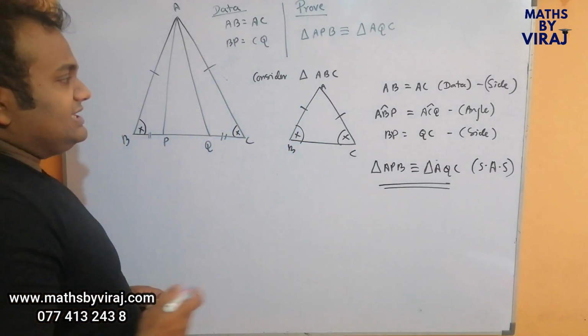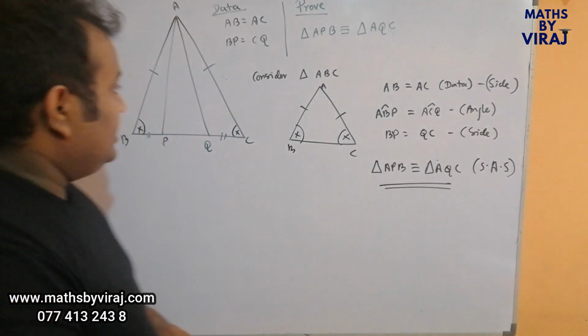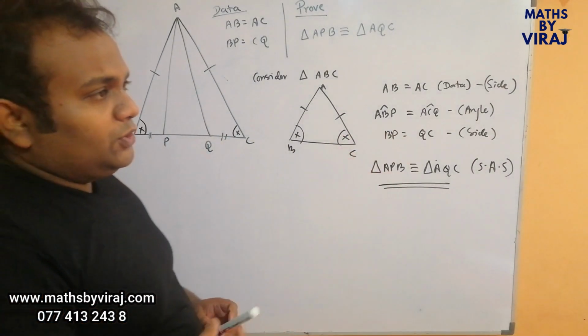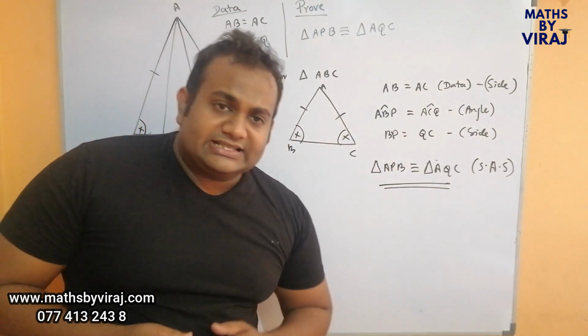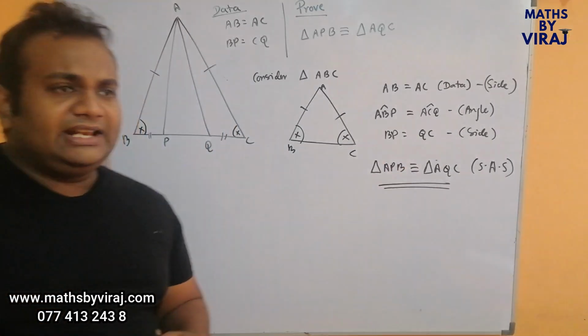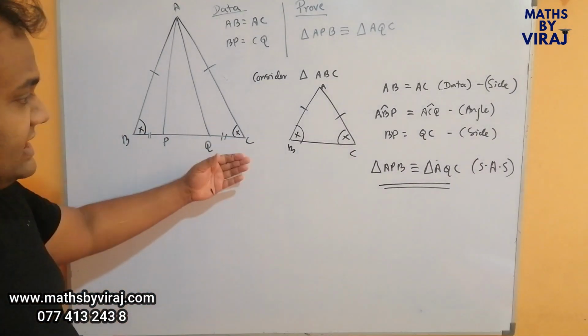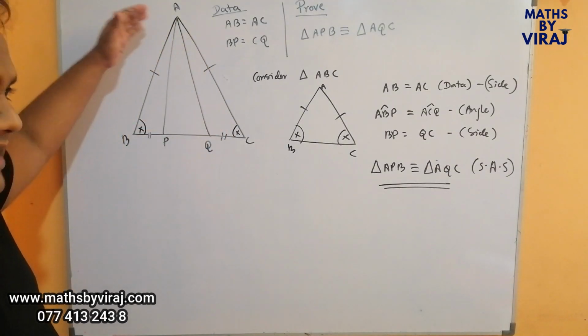Right. Now you must think why I considered triangle ABC in the first place. Now children, we know that we can prove congruence of triangles by side angle side, and so on and so forth. There are ways. Now in this I have a side which is equal to another side.